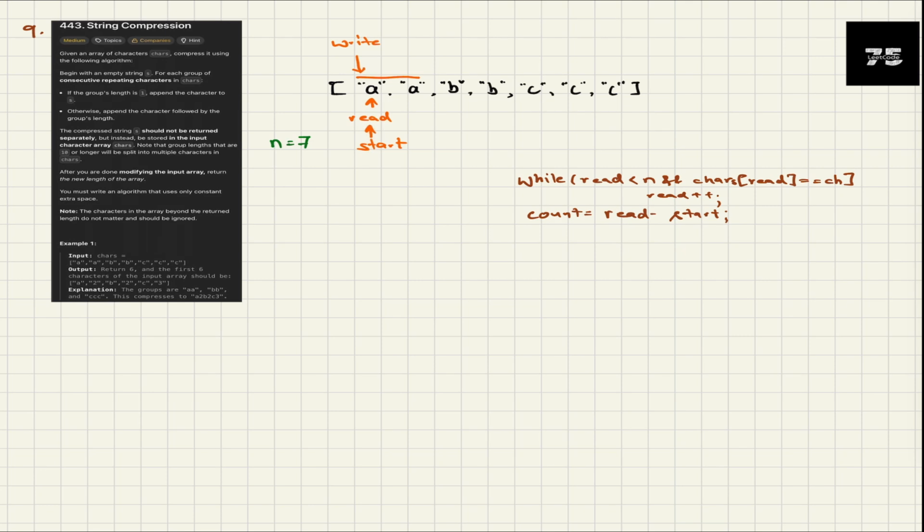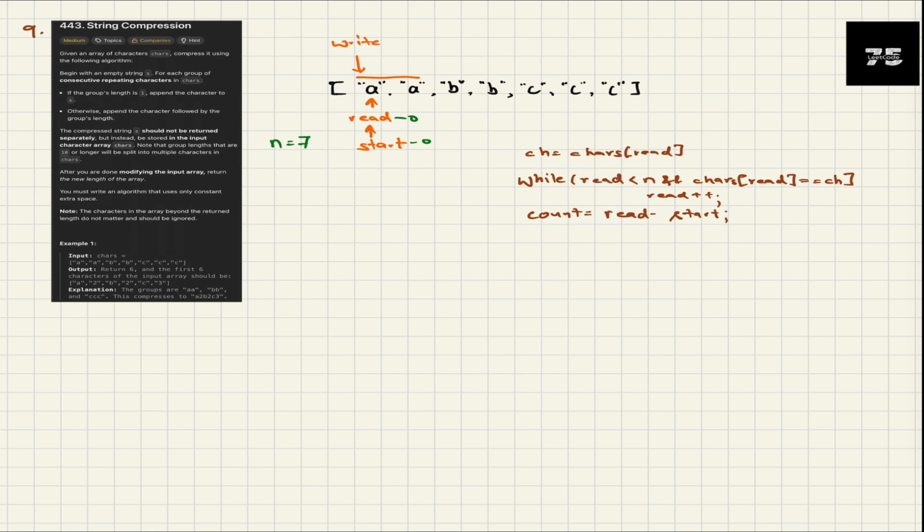So now my read is pointing to 0, and my start is also pointing to 0. I will assign my character over here, so I'm going to assign my ch. When I start my for loop, I will have it here. So now read is at 0.